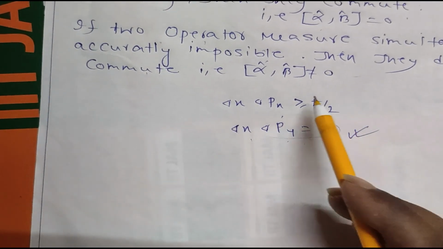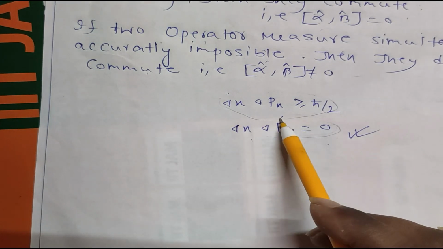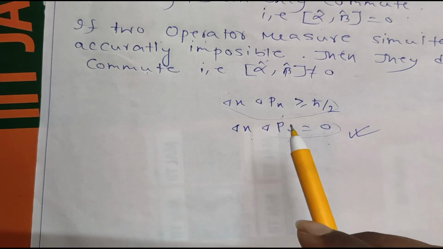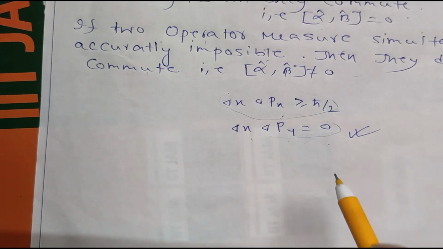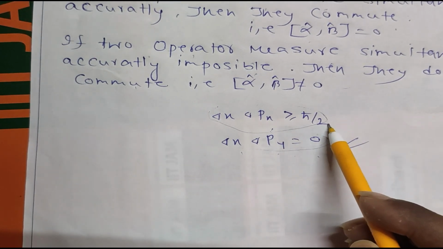But according to Heisenberg, x and px do not commute, so they cannot be measured simultaneously and accurately.